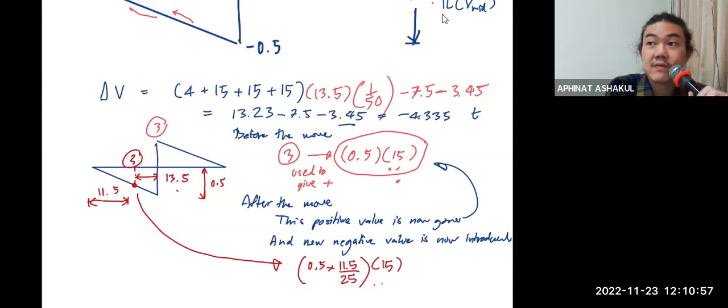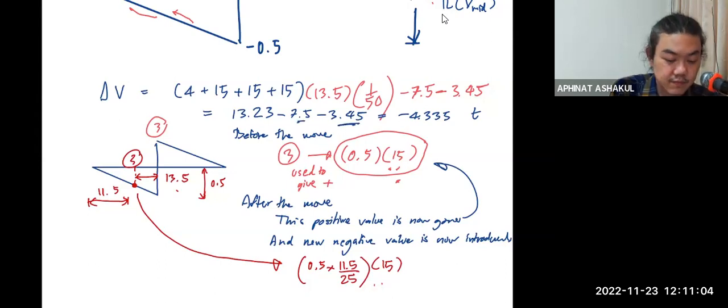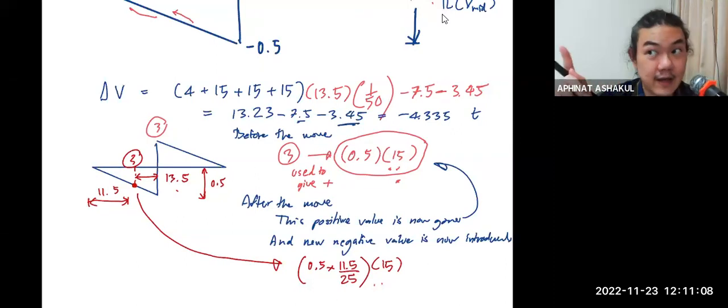This one, the second one, because the second one is the positive value that load number 3 used to give when it was at midspan. Now it's gone. So the positive value you used to have is gone. So in terms of the change, it's negative.